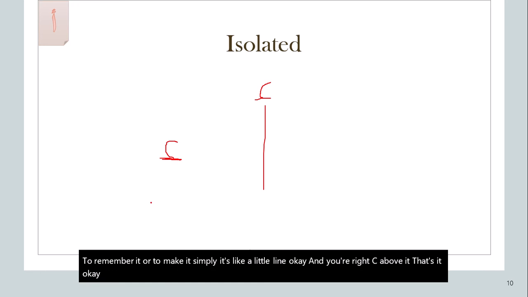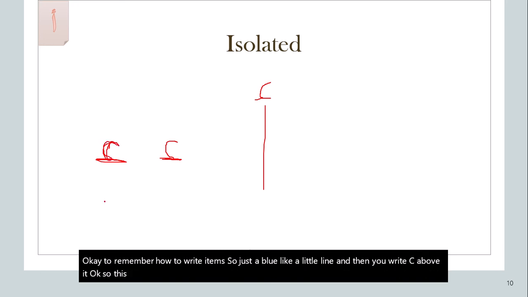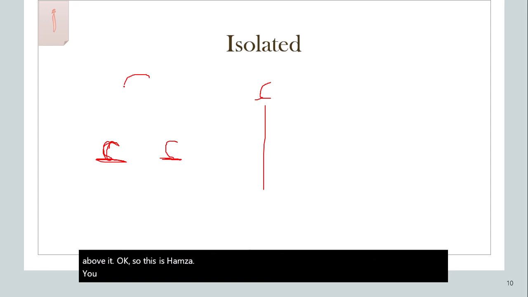So this is Hamza. You can start with the C and then write the line, or you can start with the little line and then write the C above it. And now you have Hamza.